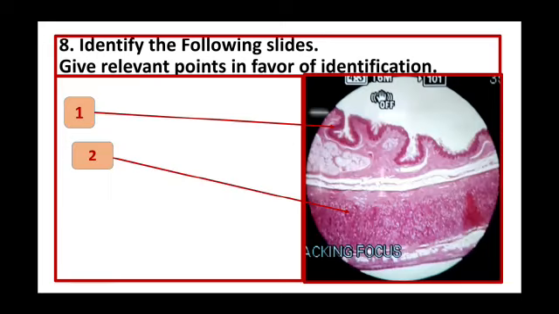Just coming to slide number 8. So try to identify this slide, which you already seen under the general section. So try to identify this slide and give points in favor of its identification.